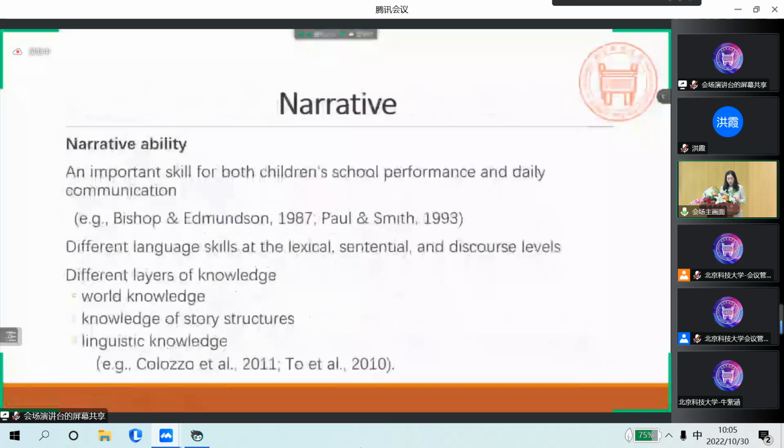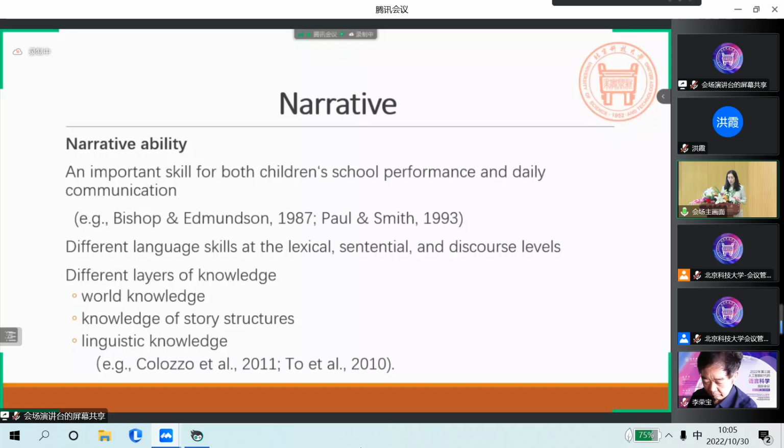So what is narrative ability? Actually, we are so familiar with this. Narrative ability is important for daily communication and school performance.